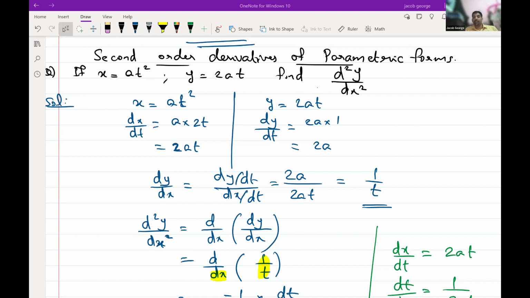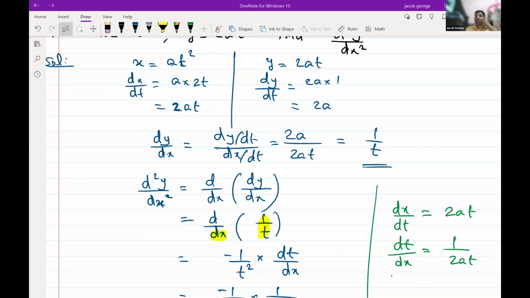Then the second derivative, that part everyone should listen to and practice well. d square y by dx square means d by dx of dy by dx, which means d by dx of 1 by t. Then we take the derivative of 1 by t.